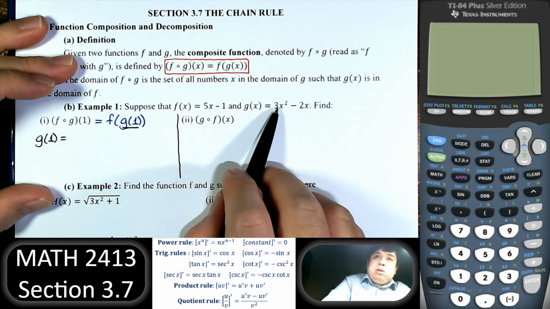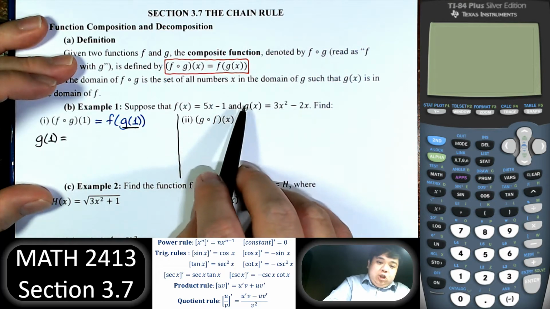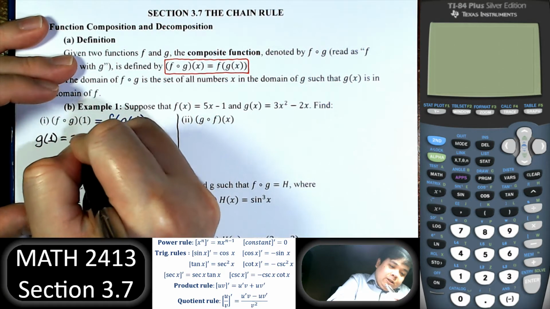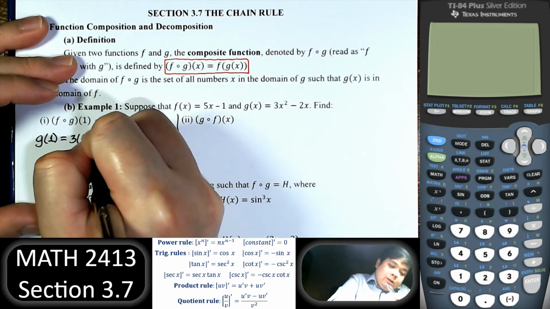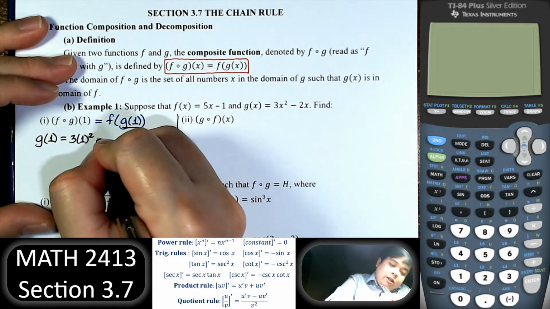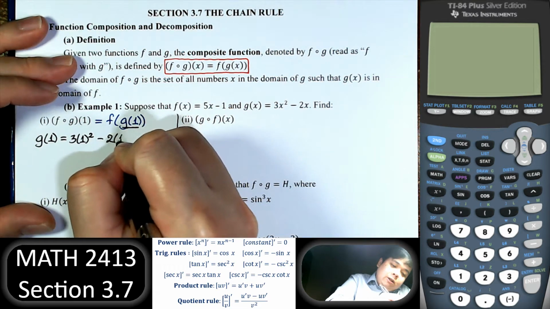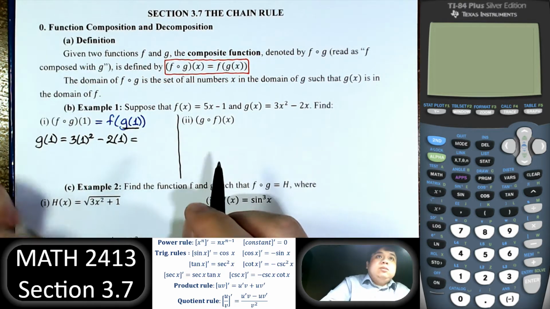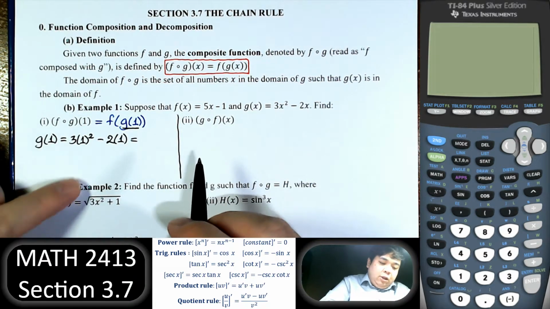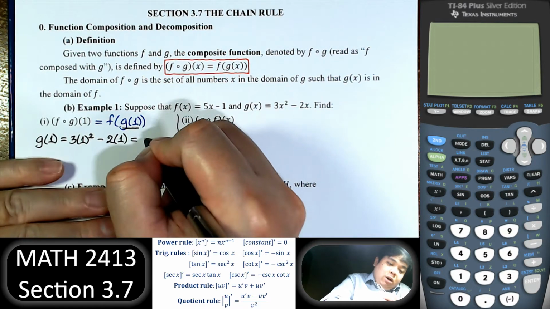For g of 1, I'm going to put 1 in for x of the g function. And that's 3 minus 2, which is just 1.